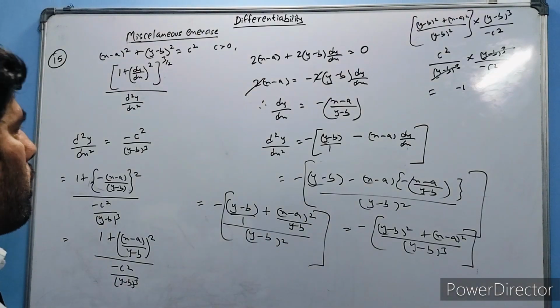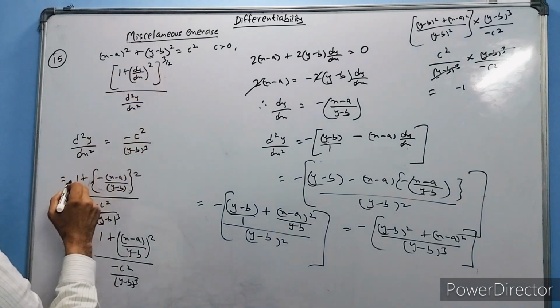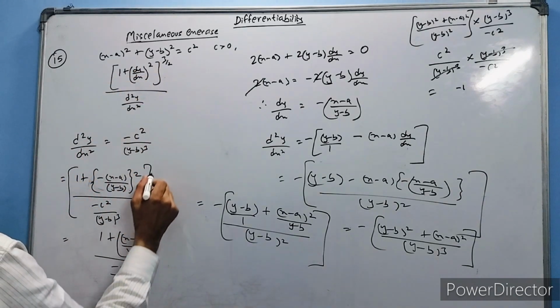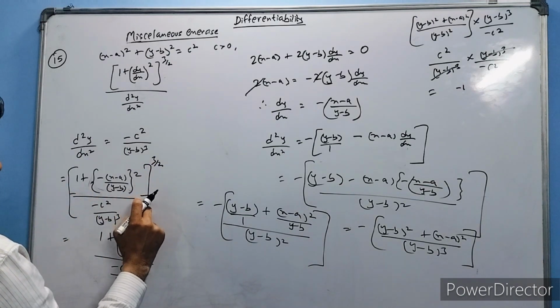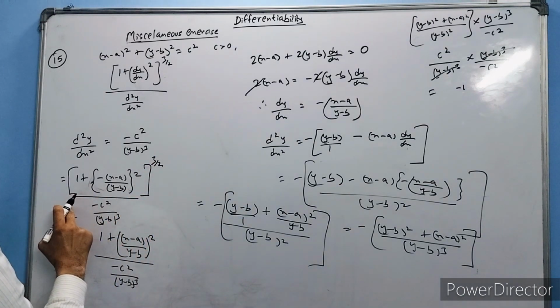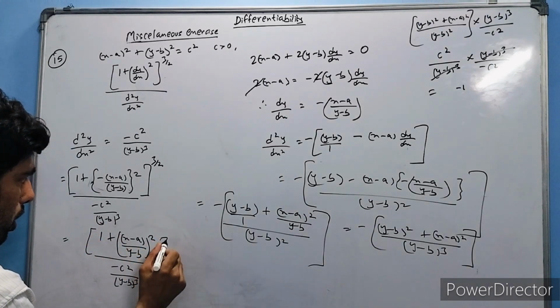Now they have given here whole 3 upon 2. No, this much only they have given. So now let us see what will happen. It will be 3 upon 2.